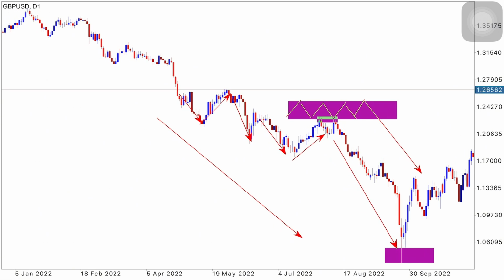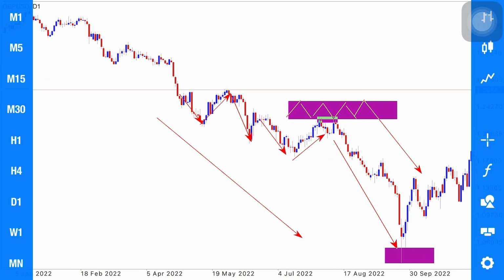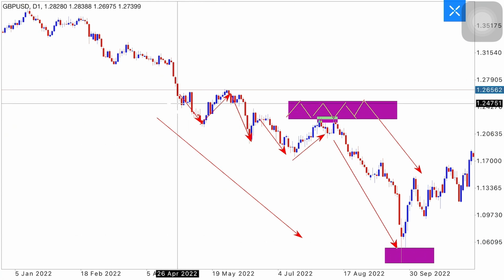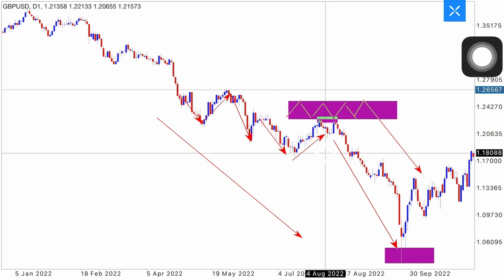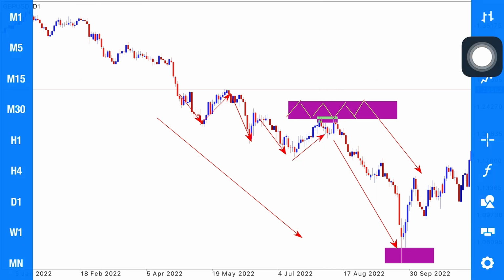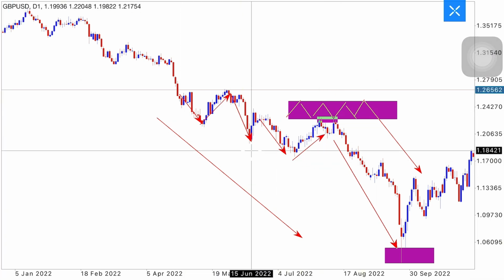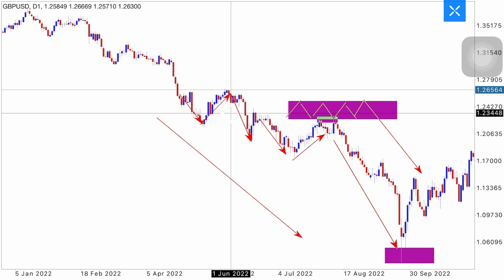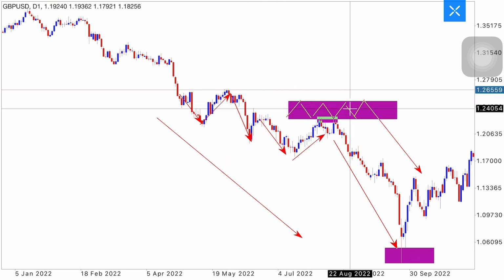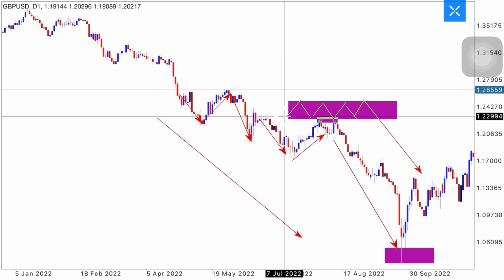On the previous video we were looking at the market structure and how the market moved, and I explained the overall move here, and the expected move which I was expecting GBP USD to make. So without wasting any further time, let's quickly jump into what we left off.